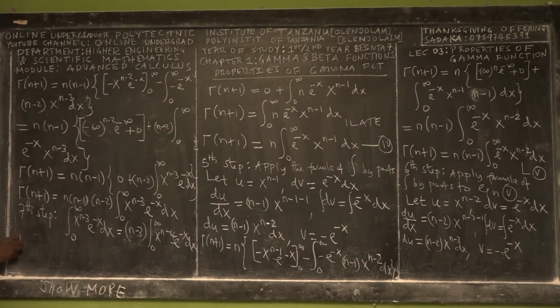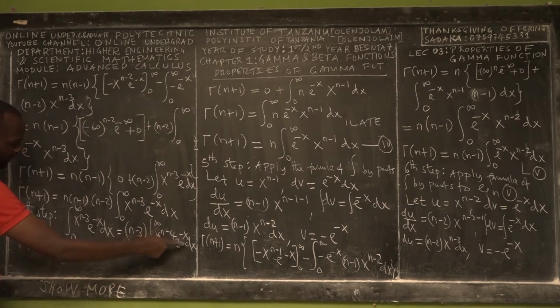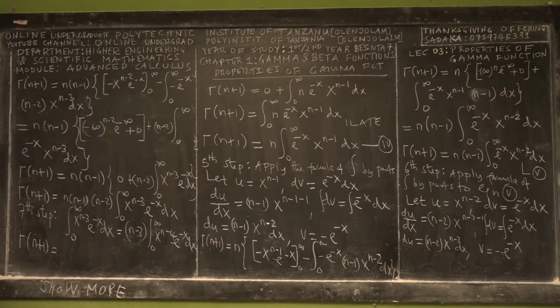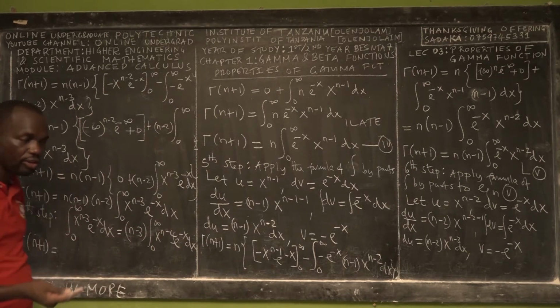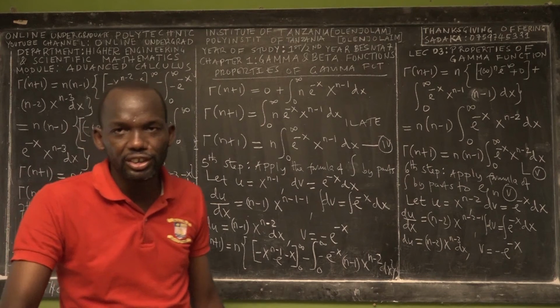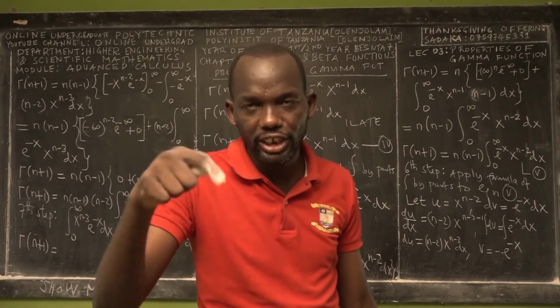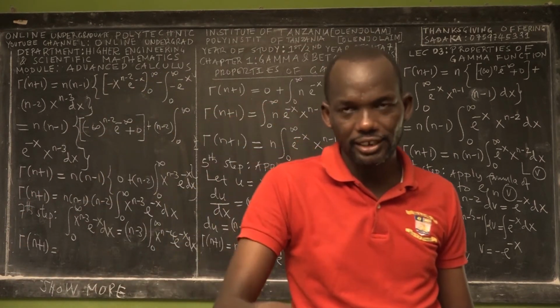So what will you find for gamma of n plus 1? For example, if you integrate again x power n minus 4 times e power negative x dx from 0 to infinity, then you get n minus 4 times the integral from 0 to infinity of x power n minus 5 times e power negative x dx.